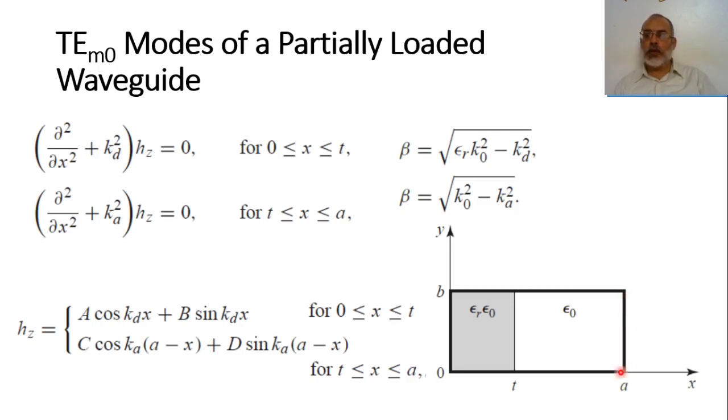It is constant in the y direction, meaning that the derivative with respect to y would be zero. So the Helmholtz wave equation in this case would depend only on partial squared by partial x squared, because partial by partial y would be zero, assuming that we are talking about the transverse electric m0 mode. We have zero dependence on y.